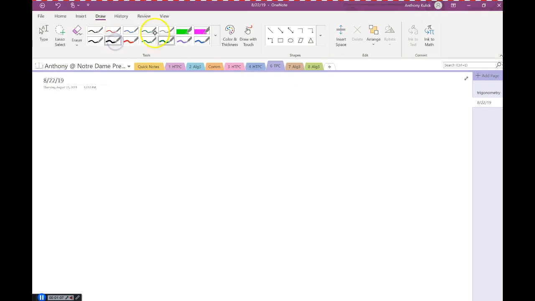So let's get us started here. The first section, section 1.1, is all about functions. You're going to find that this first chapter for trig is going to feel pretty similar to the first chapter from Algebra 3.4.